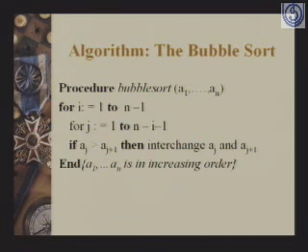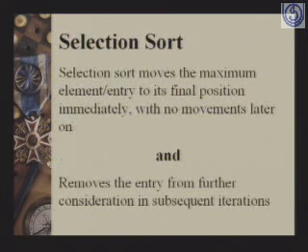Whenever the two elements Aj and Aj plus 1 are not in proper increasing order, then we will be exchanging them, otherwise we will not. Every time we will be moving the pair to be considered one step to the right. And this is actually what is known as bubble sort.